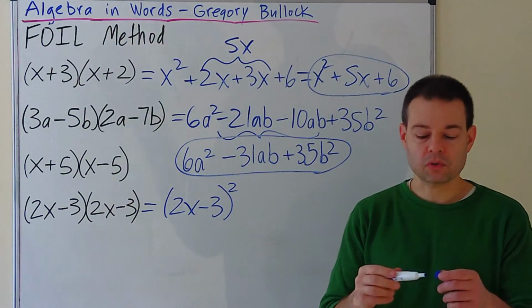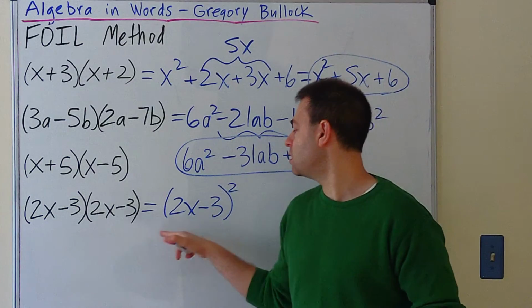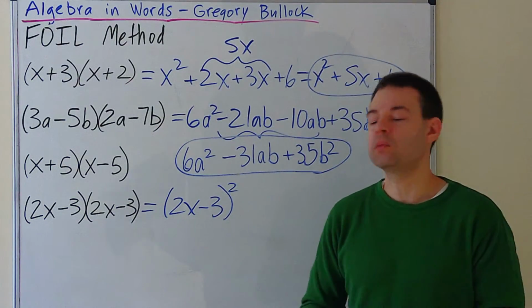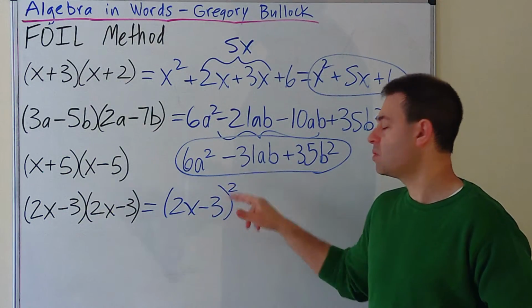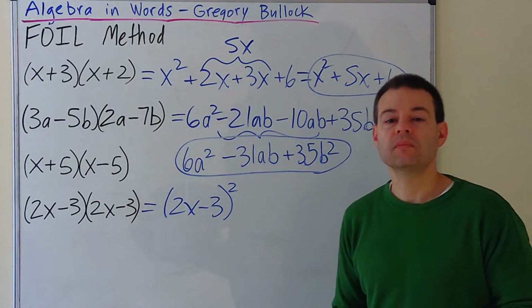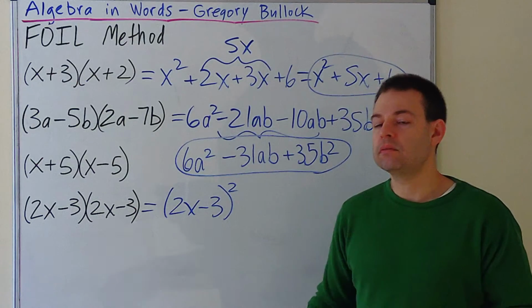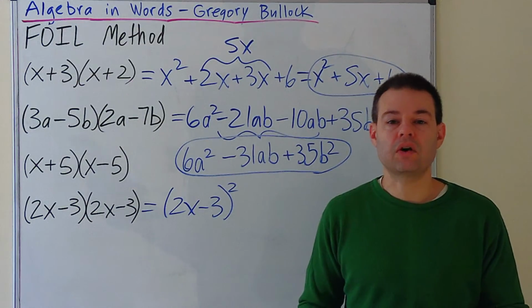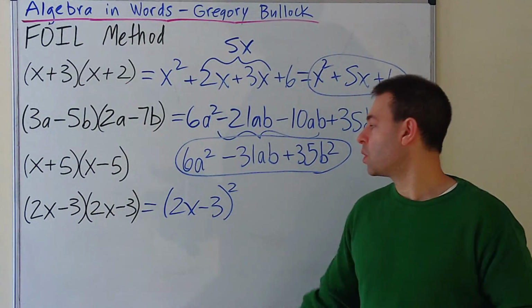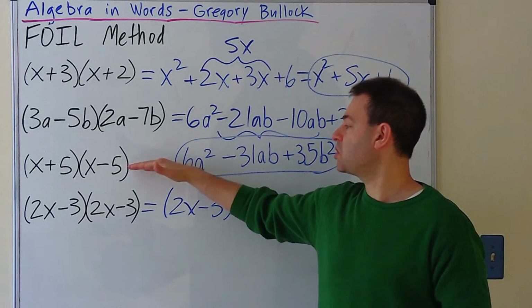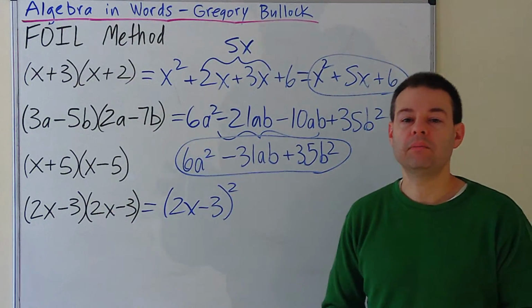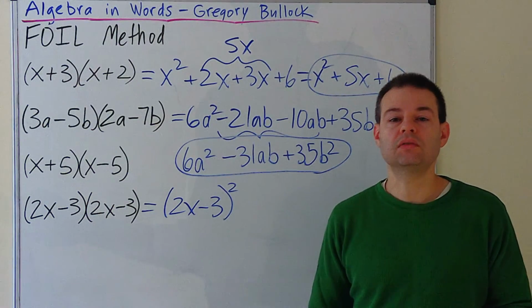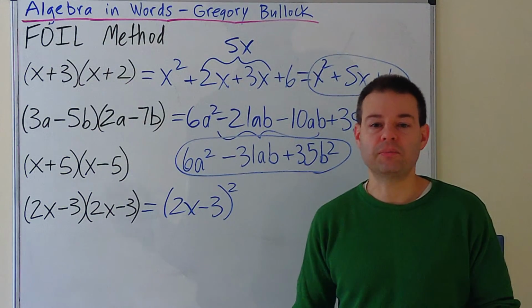We can rewrite this as a binomial squared, where the group 2x minus 3 is the base raised to the second power. That's also a special case called a binomial squared. We're going to look at the special cases of conjugate binomials and binomial squared and one other type in the next video, called special products of binomials.